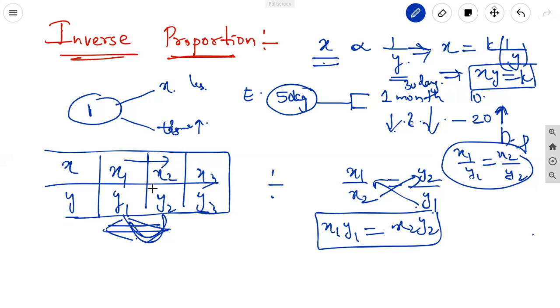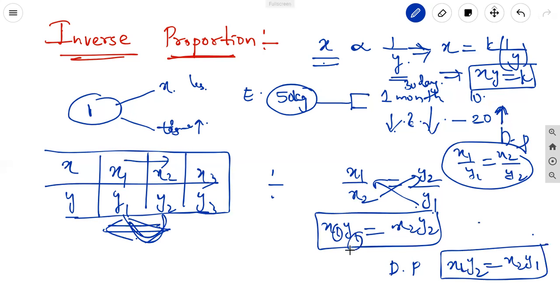In such cases, we use inverse proportion, so x1 y1 equals x2 y2. Direct proportion means x1 y2 equals x2 y1. Here the numbers are the same, but opposite.